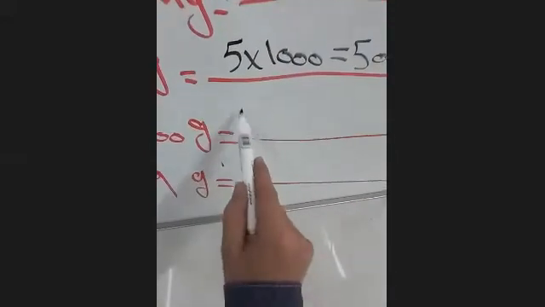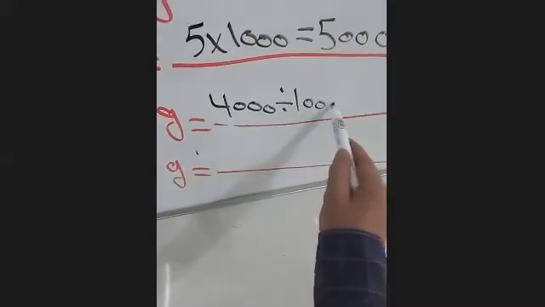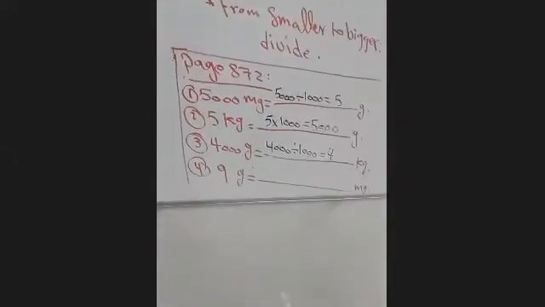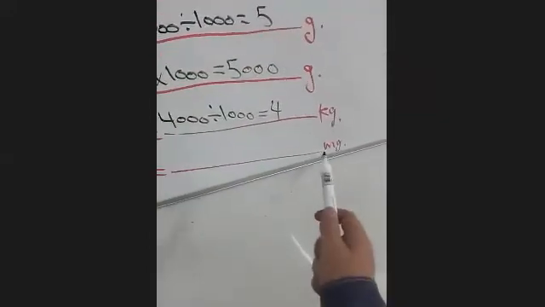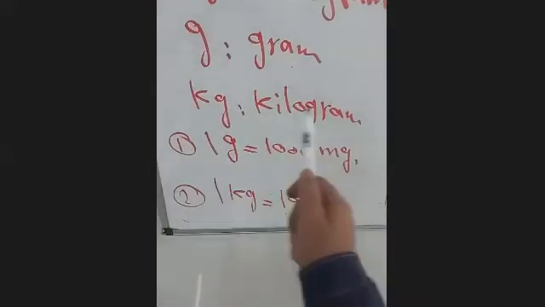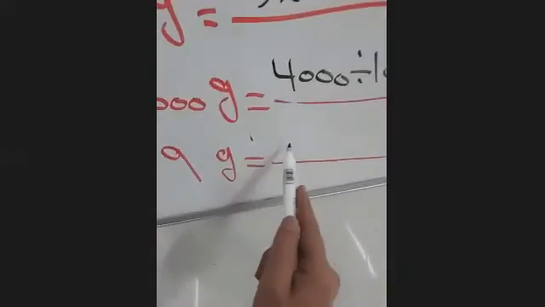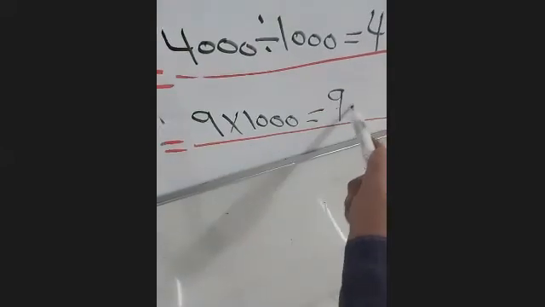So here 4,000 divided by 1,000 equals 4. Cross the zeros. Question 4: I want to turn from gram to milligram, from bigger to smaller, multiply by 1,000. 9 times 1,000 equals 9,000.